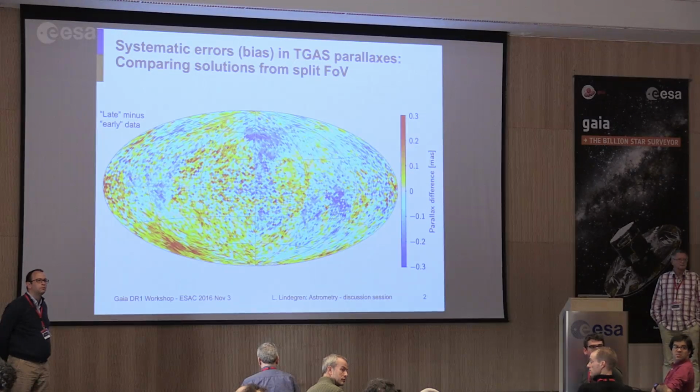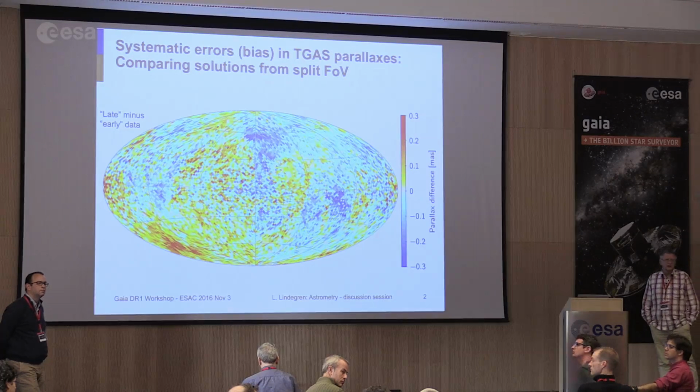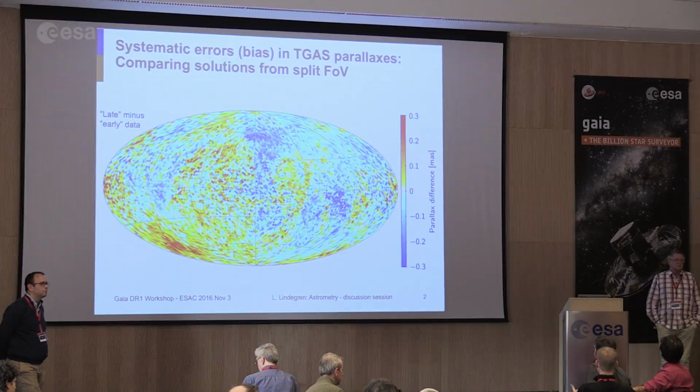One is using eclipsing binaries, and they find an offset of about 0.25 milliarcseconds, in the sense that the Gaia parallaxes are 0.25 milliarcseconds smaller than the distance that you get from well-measured eclipsing binaries. And there's also another paper on the archive using a different set of data with nearby solar neighborhood stars, and they also find an offset of 0.25 milliarcseconds. I was just wondering if you could comment on that.